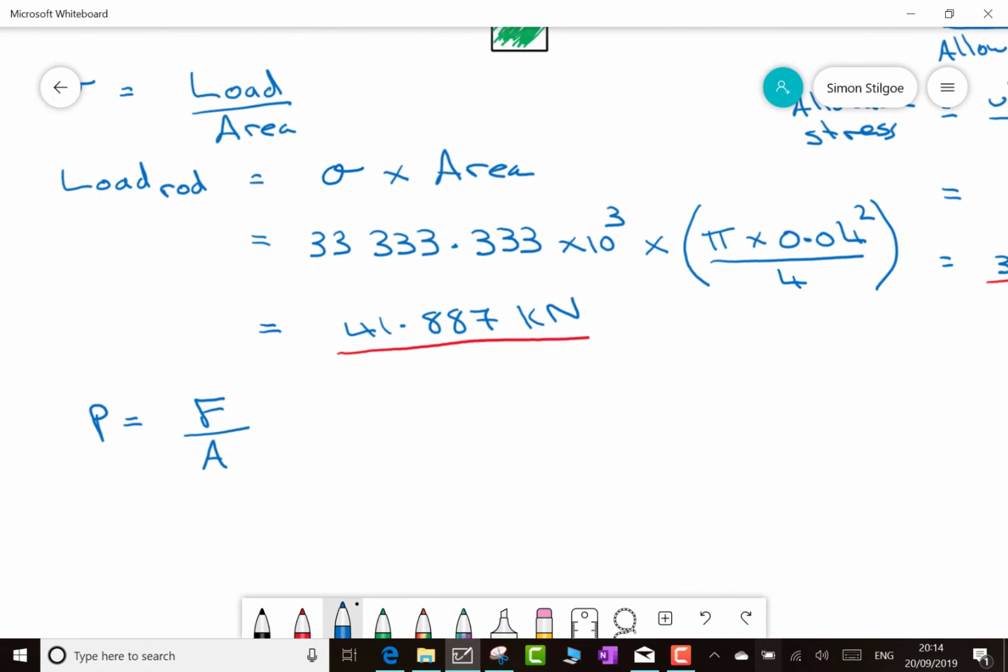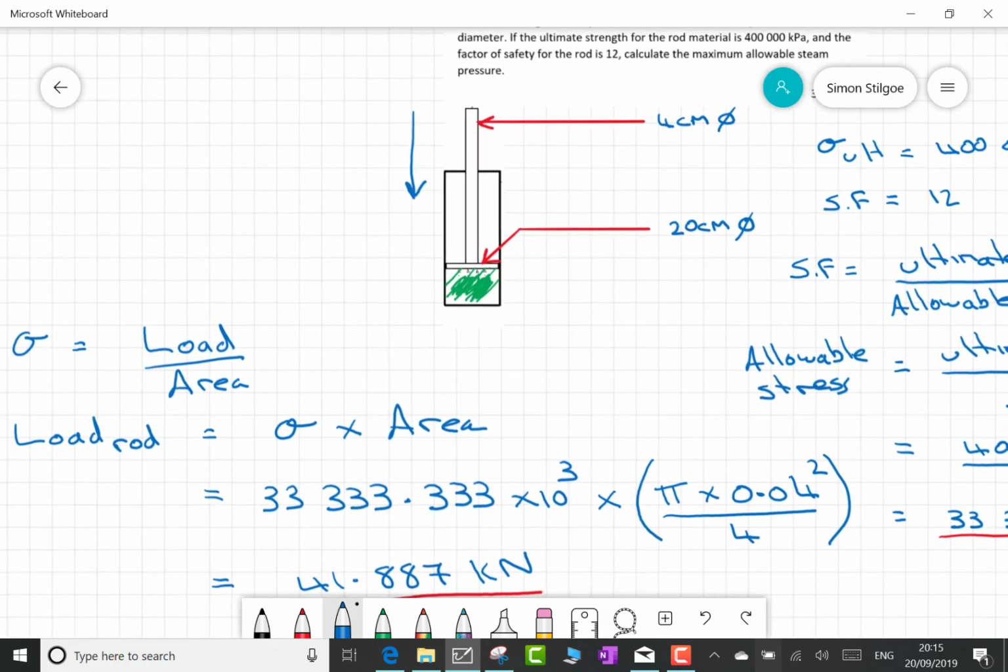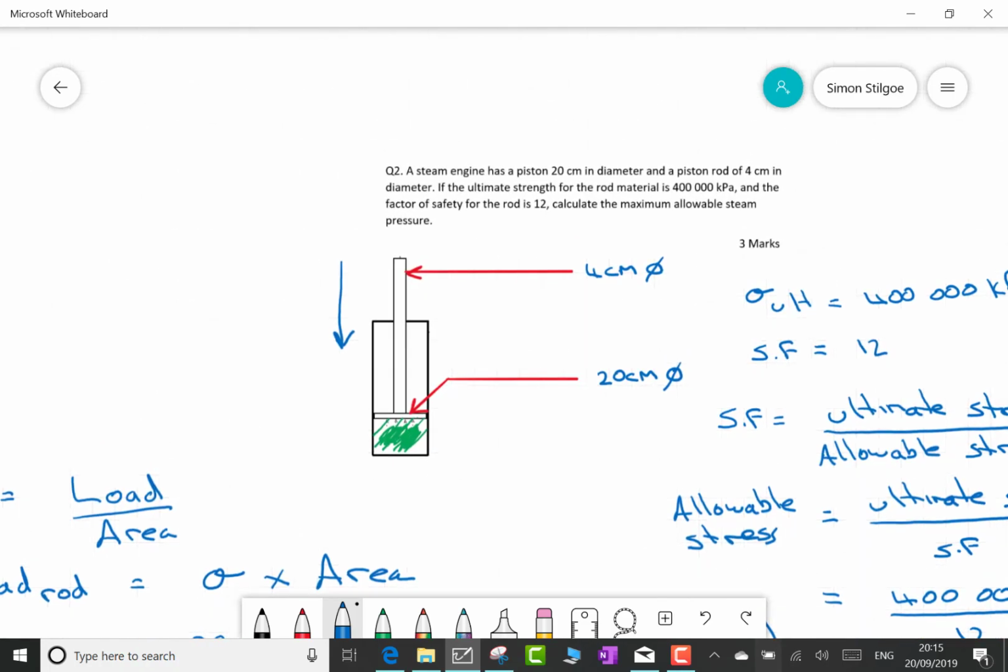So my force on top of my equation is 41.887 kilonewtons, which I'll pick up as 10 to the power of 3, divided by the area of my piston. The area again is a circle, so I'm going to use the pi d squared over 4 formula. So pi multiplied by the diameter, which in my original diagram was 20 centimetres.